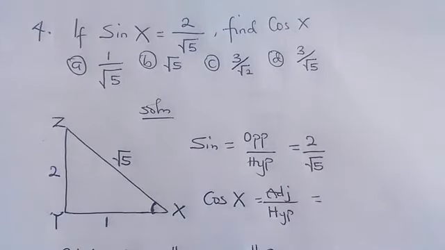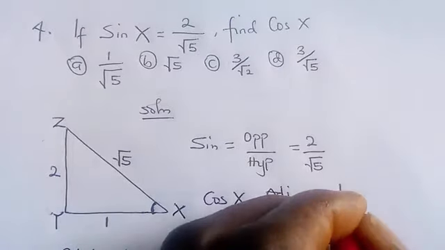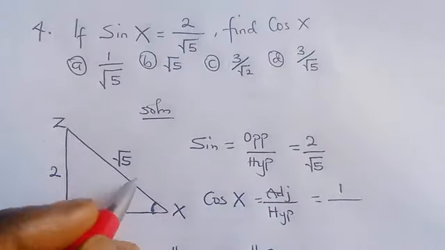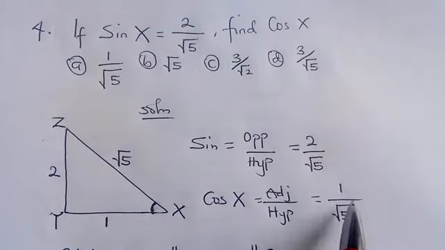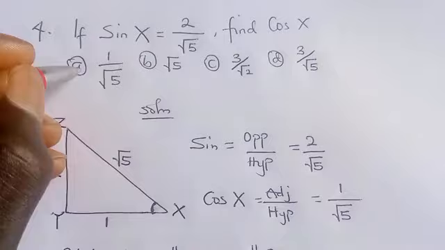The adjacent has been found to be 1, while the hypotenuse is root 5. So cos x is equal to 1 over root 5, corresponding with option A.